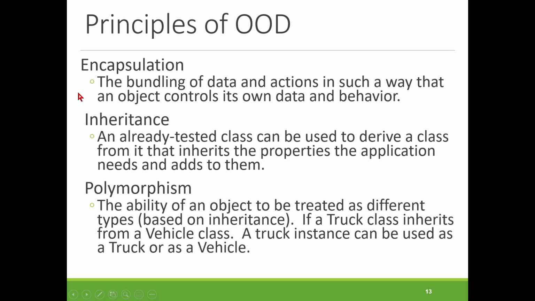Because when you're creating objects, you usually want to create them so that they control themselves. A date controls its own day, month, and year. And outside code could only change that with the date's permission and knowledge.